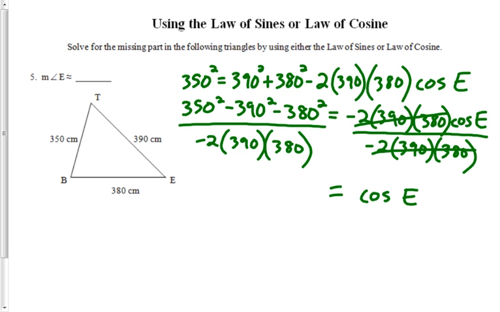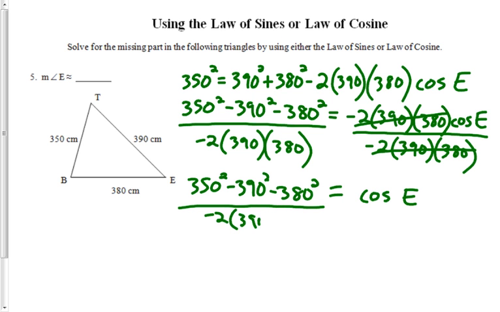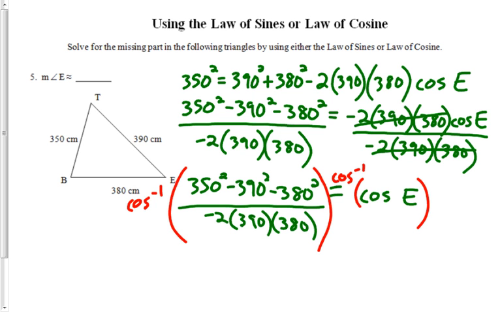And I have this whole thing, and now to get angle E by itself, I do the inverse cosine of both sides. So these undo each other, leaving me with angle E by itself. And I can plug all of this right into my calculator.